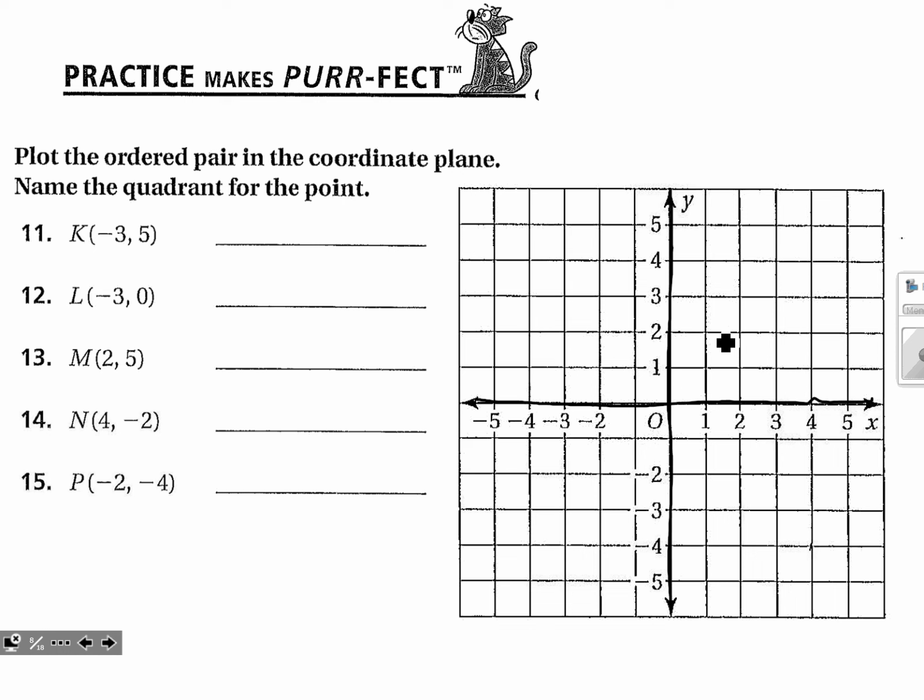Okay, for number 11, K is at (-3, 5). And if you guys remember from our notes, the location of K is in quadrant number 2.